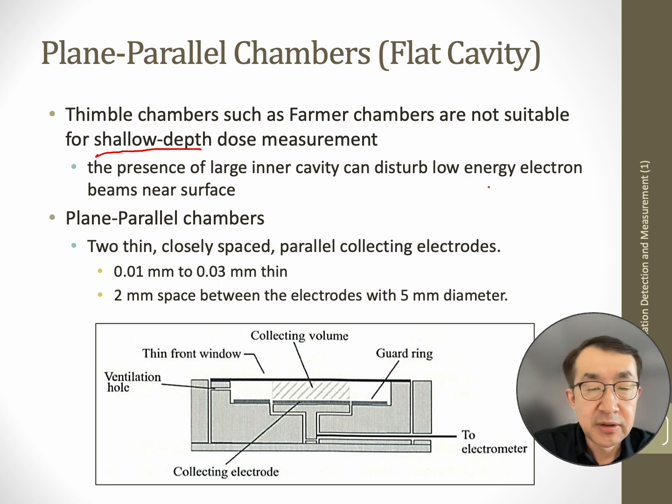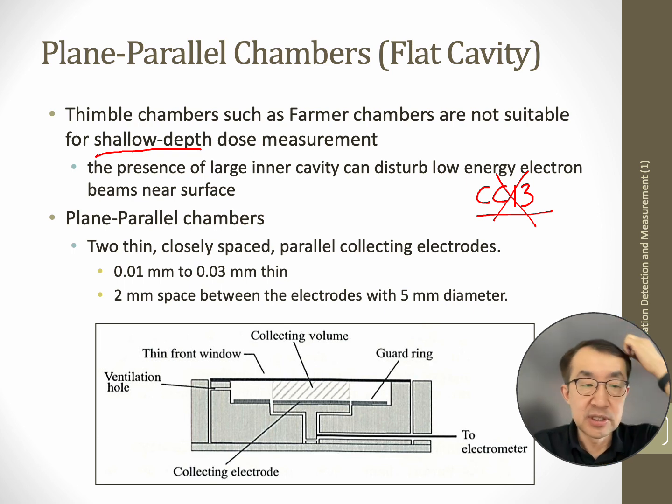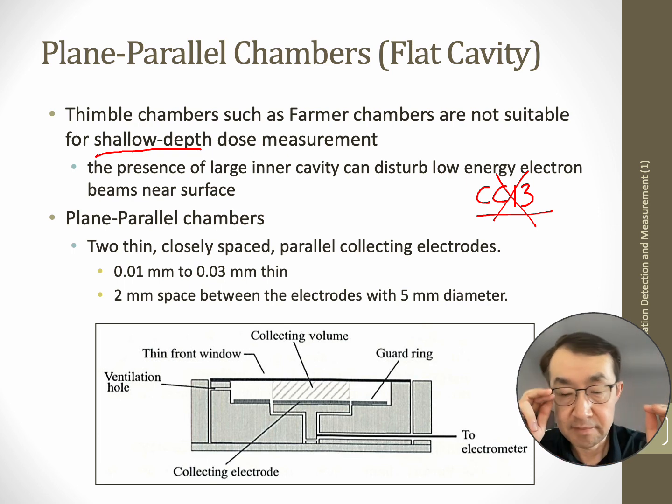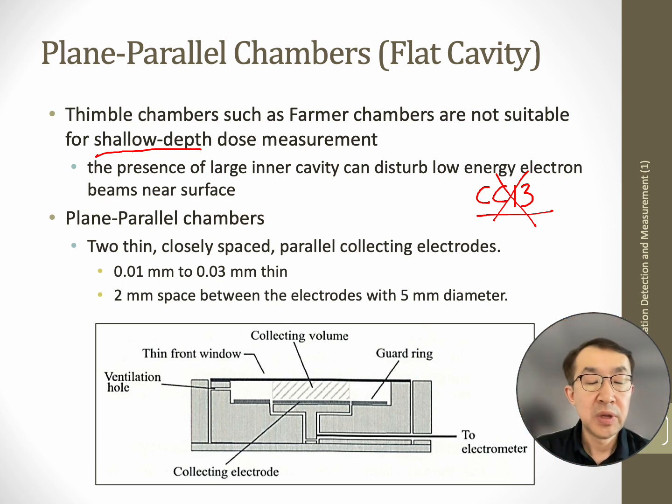I already mentioned the CC13 is a good example. You can use this. But if you really want to measure really accurate surface dose, CC13 might not even be a good example, especially for electron where you have a very high gradient at the surface, and even photon. We have a special chamber for that purpose.